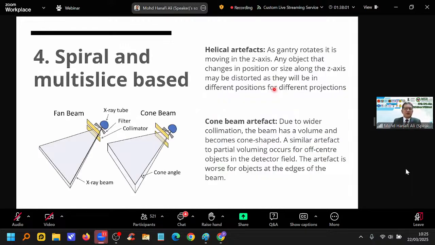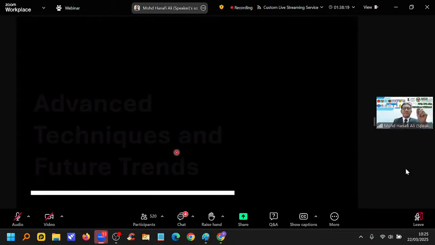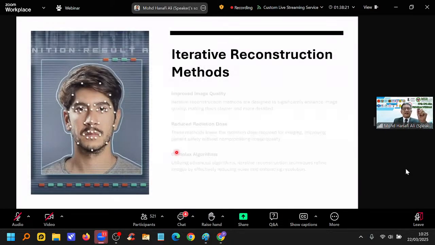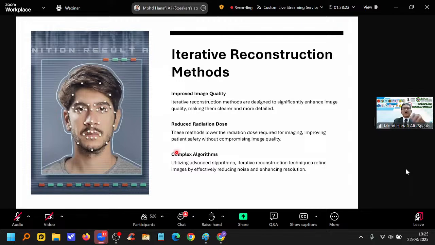This one is due to the cone beam that we use for multi-slice, along the z-axis of the patient. Then we can see the difference there. This artifact has a little bit of an effect on the image quality. I think iterative reconstruction keeps on going.